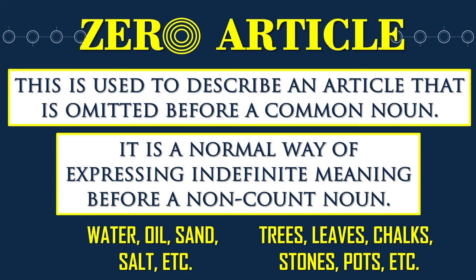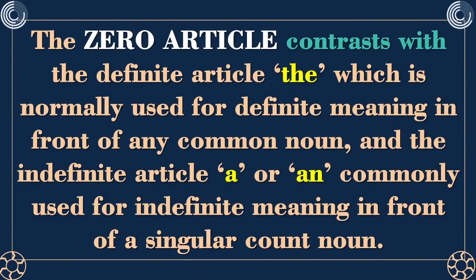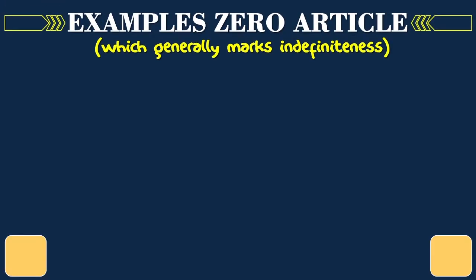The zero article contrasts with the definite article the, which is normally used for definite meaning in front of any common noun, and the indefinite article a or its variant an, commonly used for indefinite meaning in front of a singular count noun.